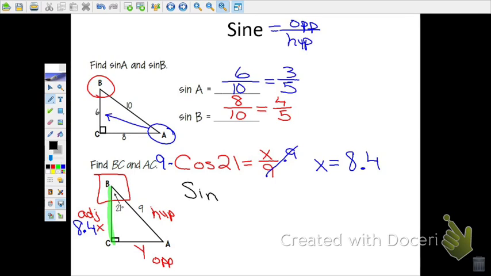So sine of 21 equals opposite y over hypotenuse 9. Again, we need to get that y by itself, so we multiply both sides by 9. Now the y is by itself, so it's ready for the calculator.